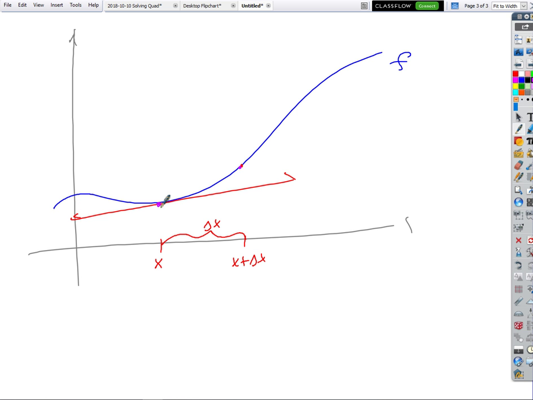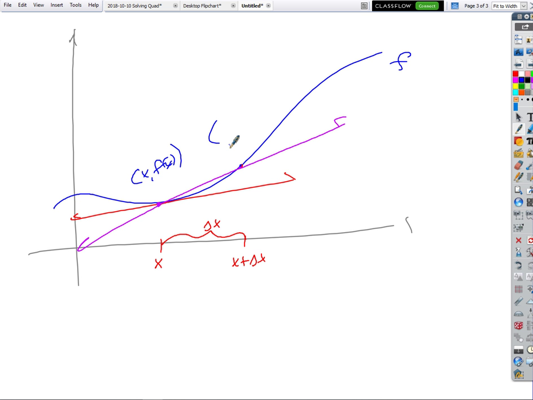Okay, so this purple line is the secant line connecting the points with coordinates x, f of x, and what's the second one going to be? If the second point is, we'll call it delta x, and remember, delta just means change in math, right?